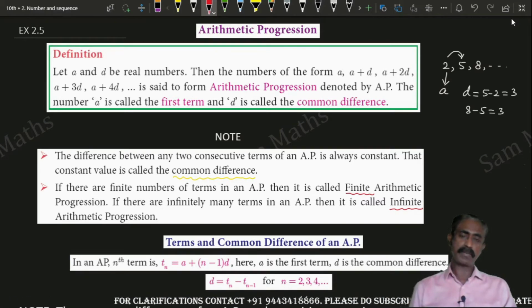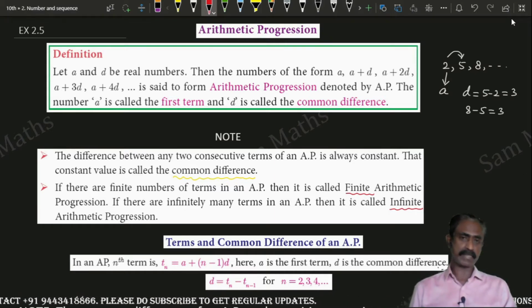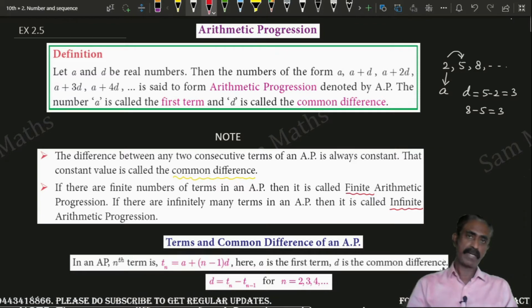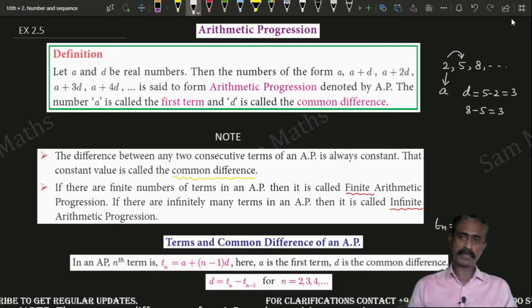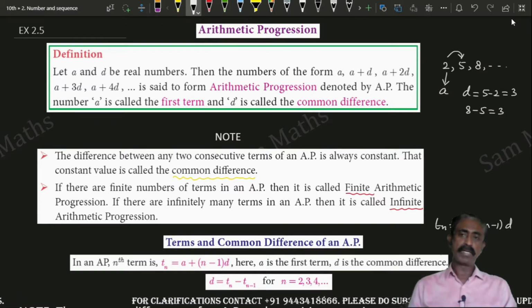And D is equal to the difference of two consecutive terms, that is Tn minus Tn minus 1, for n equal to 2, 3, 4, etc. Here it's very important, you have to remember that Tn is equal to A plus n minus 1 into D. Please mug up this immediately. Tn is equal to A plus n minus 1 into D.